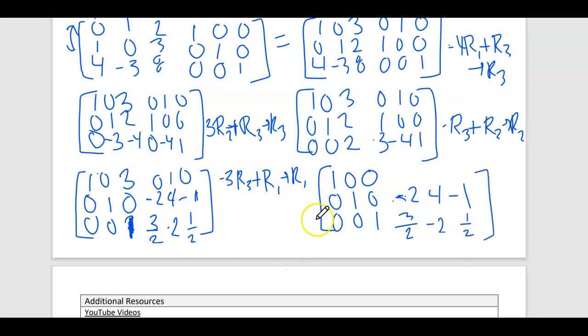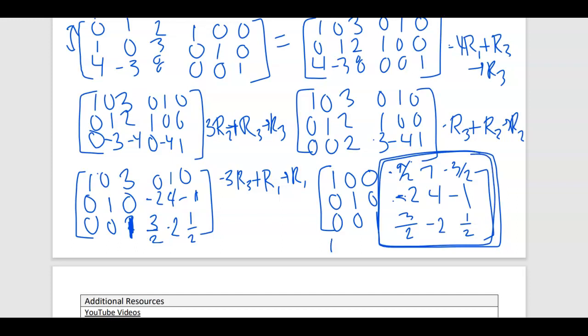And the math isn't going to be super wonderful, but -3 times here, add 0, I'm going to get -9/2. 6 plus 1, I get 7. And then -3/2 right here. And so what that tells me is that this must be A inverse here.